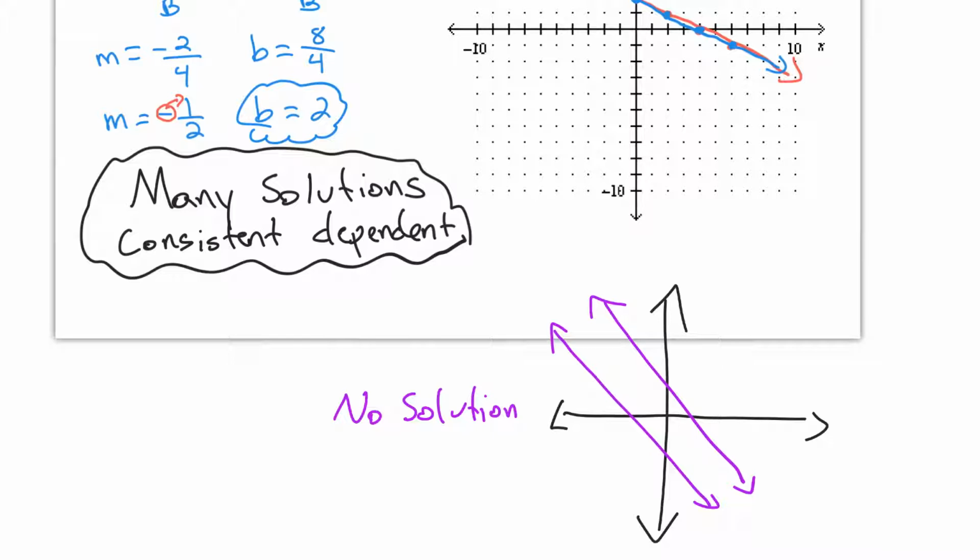When it's no solution, when you want to classify the system, we say it is inconsistent. So make sure you guys understand what type of system you have and how many solutions you have. So we have no solution when it is parallel. We have many solutions when you guys have the same line, and if they do intersect at one point, that is one solution. So let's go ahead and look at the next example.